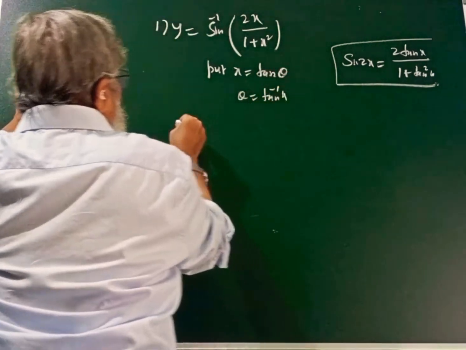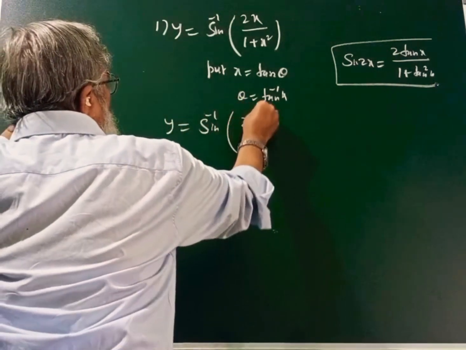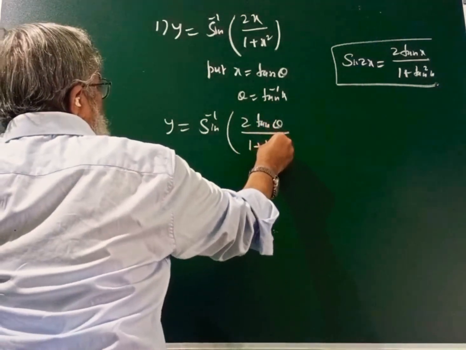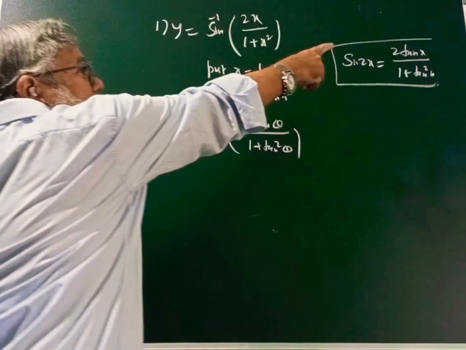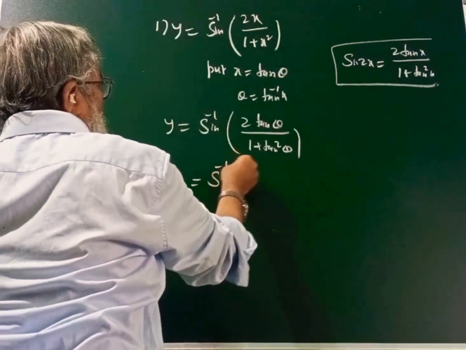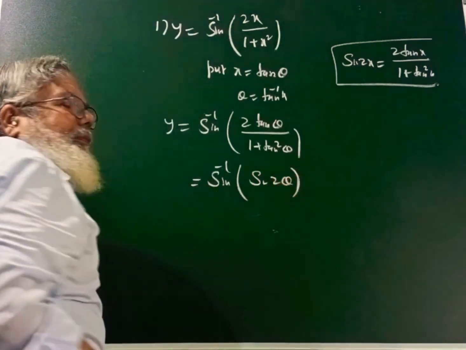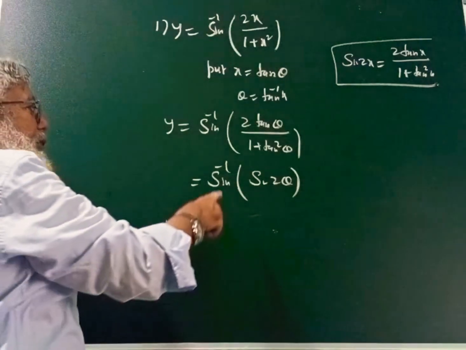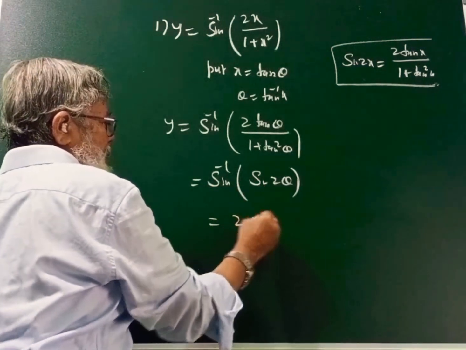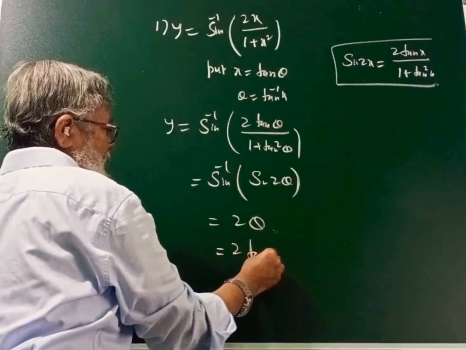Now y is equal to sine inverse of 2 tan theta divided by 1 plus tan square theta. By using that formula, we can write this as sine inverse of sine 2 theta. By the definition of the inverse function, sine inverse and sine cancel each other, giving 2 theta. Substituting the value of theta, y is 2 tan inverse x.